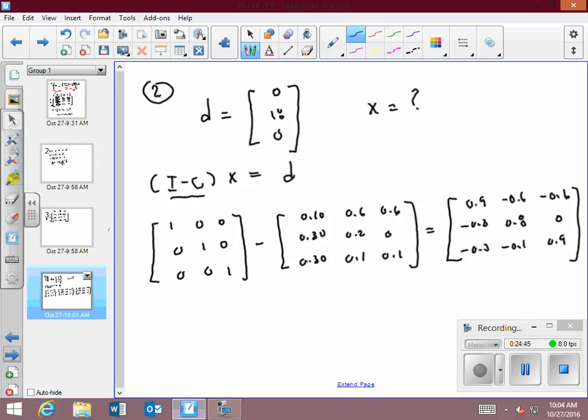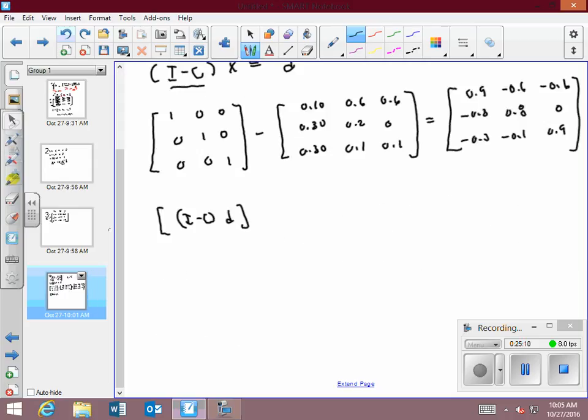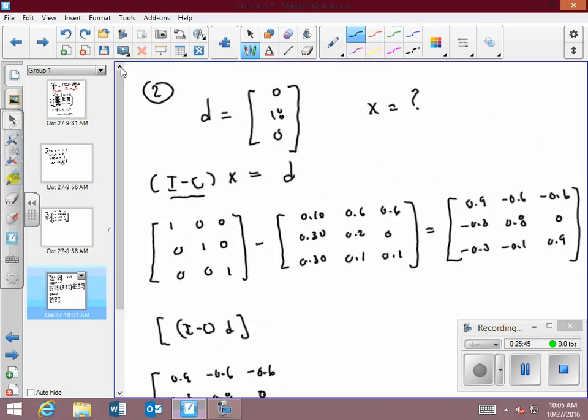And then what we're going to do is augment that matrix. We're going to do I minus C and augment it with that demand vector 0, 18, 0.